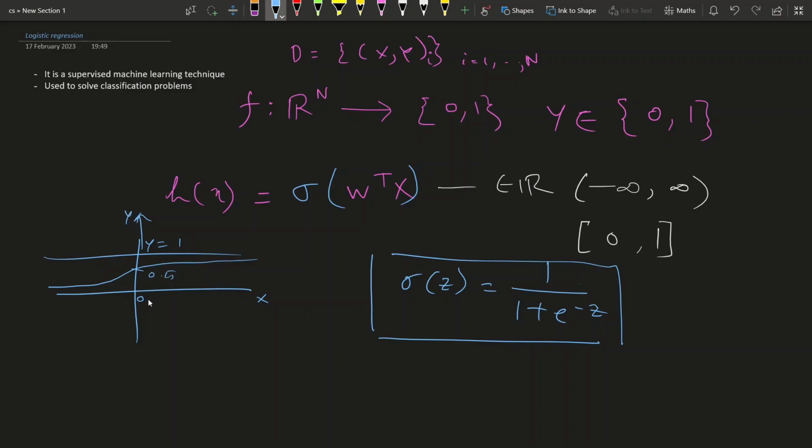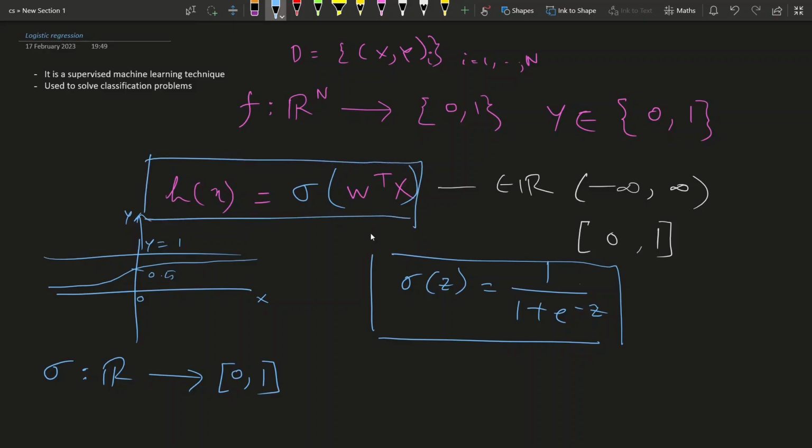Sigmoid will map any real number to a number between 0 and 1. That's all we need, hence we're passing this entire thing to the sigmoid function. And this is our hypothesis function for logistic regression.